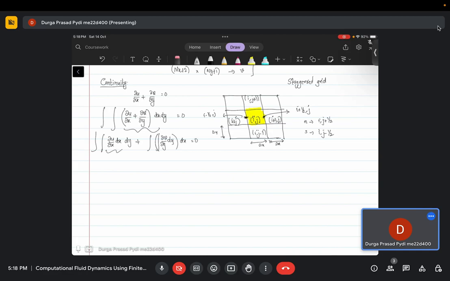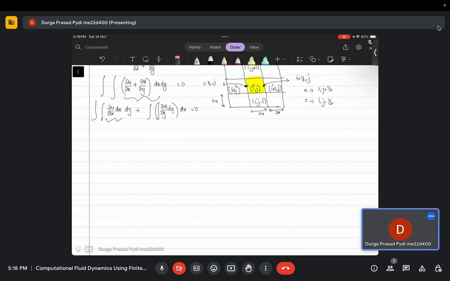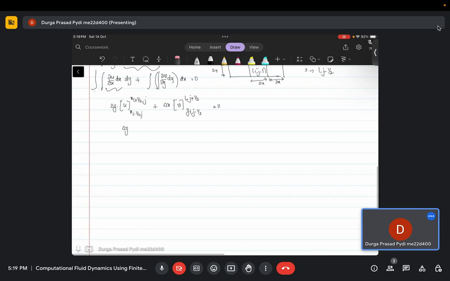So the integration in y essentially becomes delta y times u along the x direction, moving from i minus half to i plus half, and similarly for the second it will be delta x times v from j minus half to j plus half. So essentially we are left with u at i plus half, j.